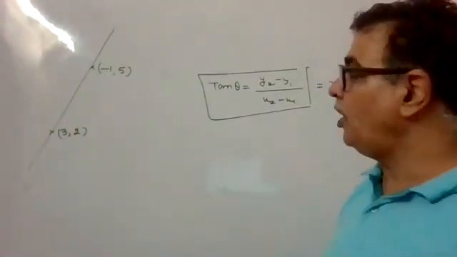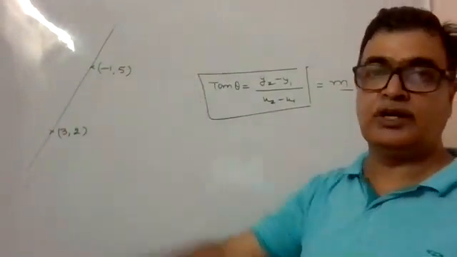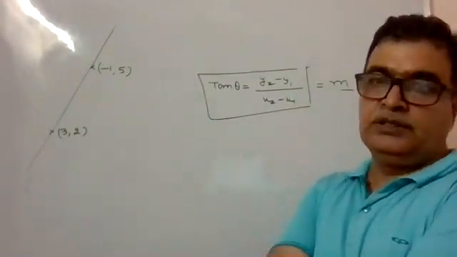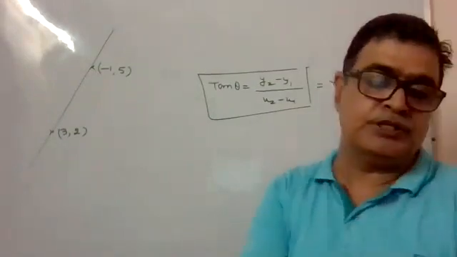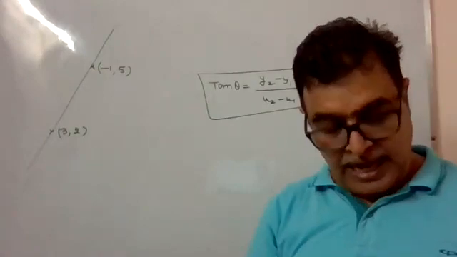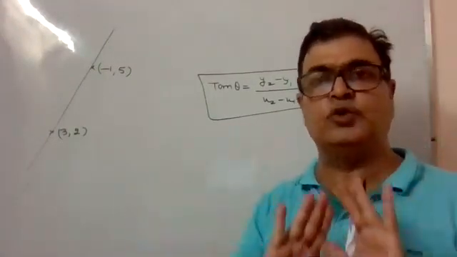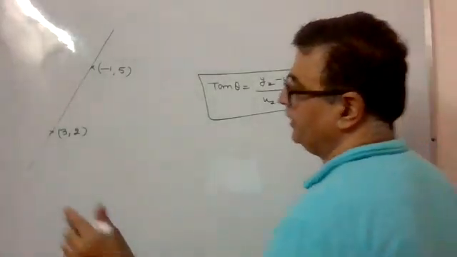Two points are given to you, and you have to find the slope of this line. Any point you can take as x1 y1, any point you can take as x2 y2, that is your choice. It makes no difference.